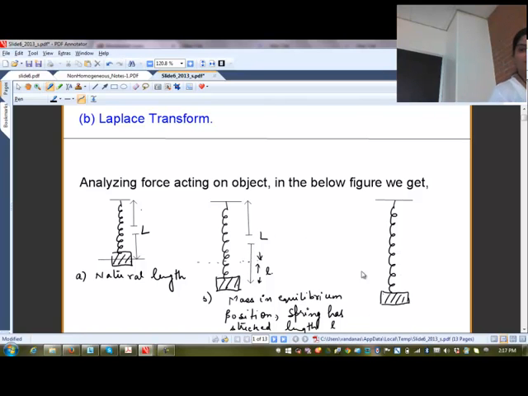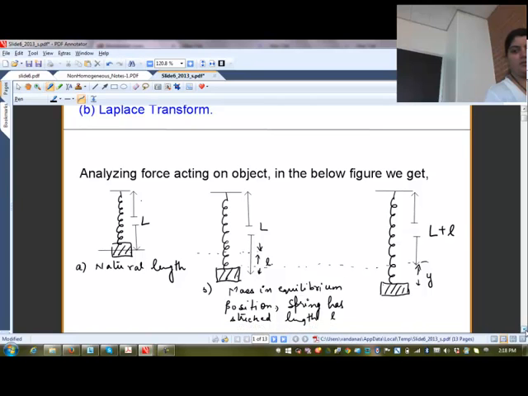Now if we consider this level, this height is capital L plus small l, and from here to here the extension is little y, and this is due to the external force.